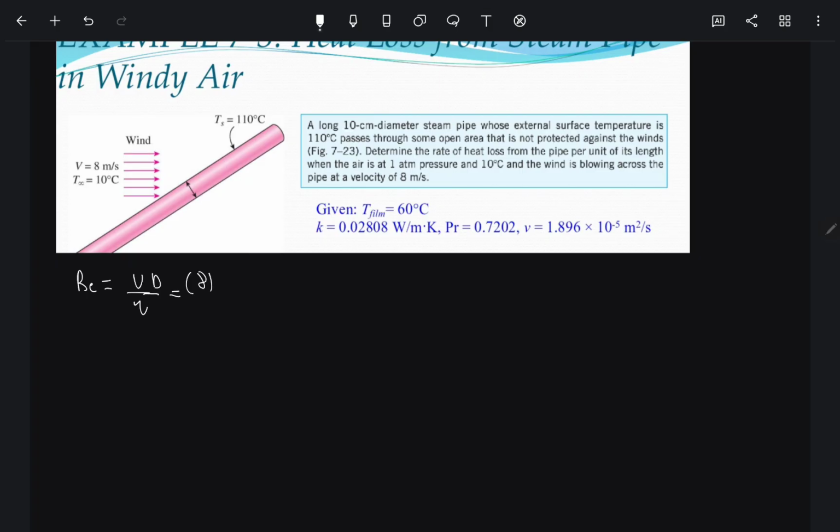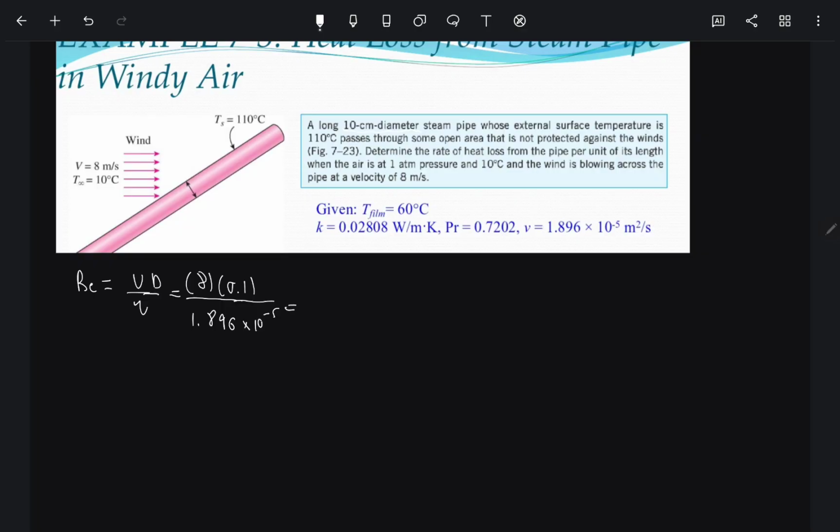It says that right here, 10 centimeter diameter, which is 0.1 meters. And nu is from the film temperature of 60 degrees, taking the average of the two. So 1.896 times 10 to the negative 5.